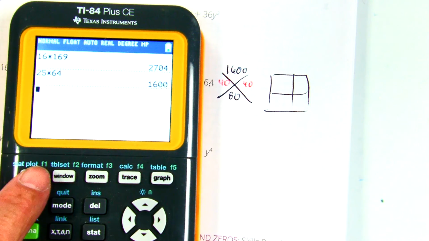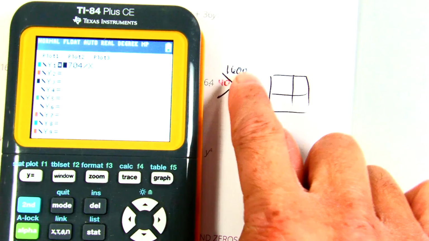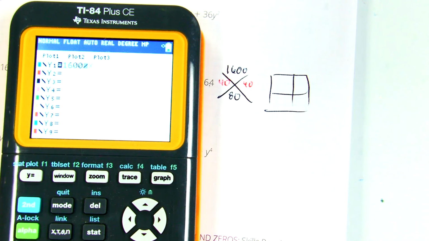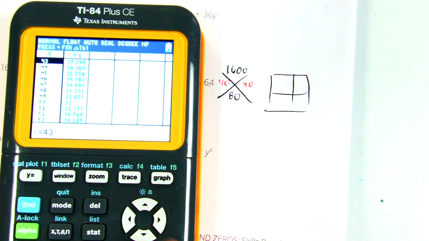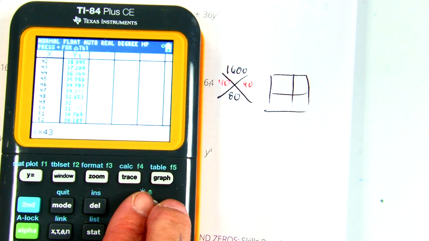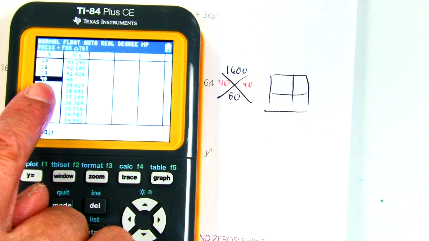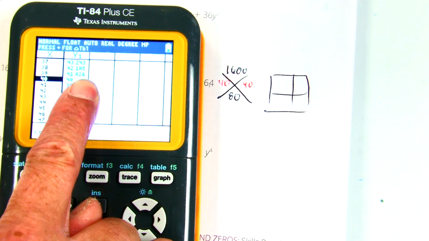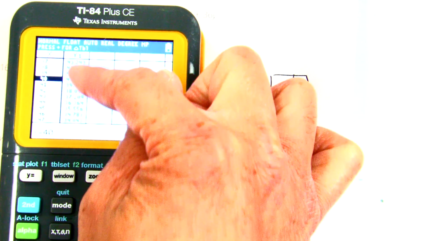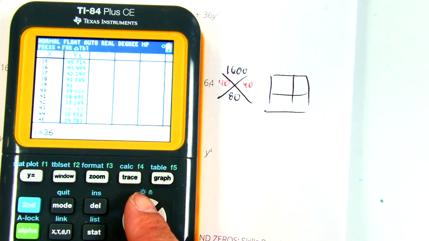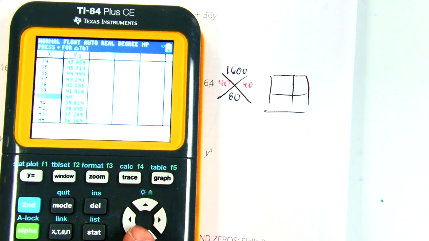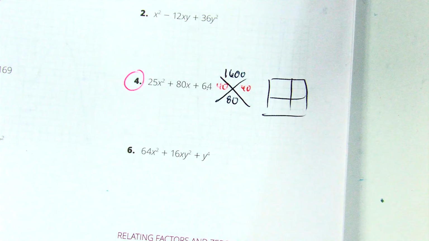If you press Y equals, type in 1,600 divided by X. If I put second table, 1,600 divided by 1 is 1,600. 1,600 divided by 40 is 40. So it actually can confirm. All the decimals mean it has a remainder. So this can help us quickly find them, right?